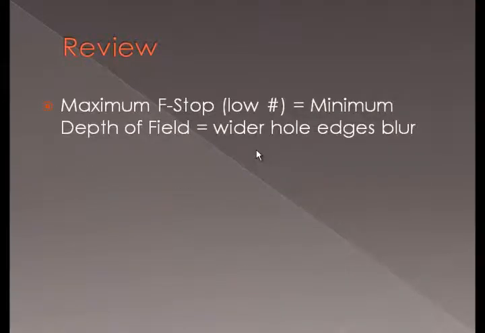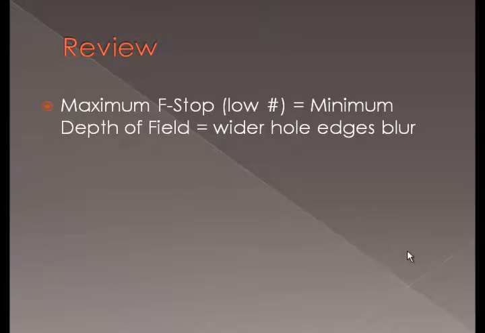So let's review again, because this is a very difficult concept because of all the opposites. Maximum f-stop. Remember, your maximum f-stop is your lowest numbers. Your maximum f-stop with the lowest number is your minimum depth of field.